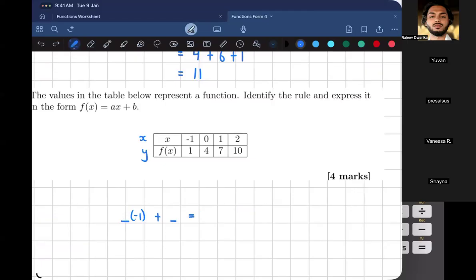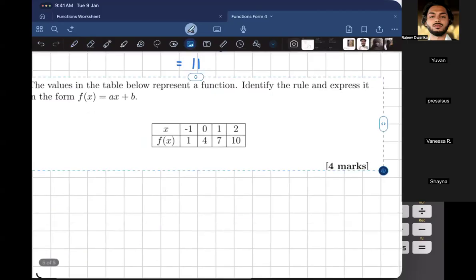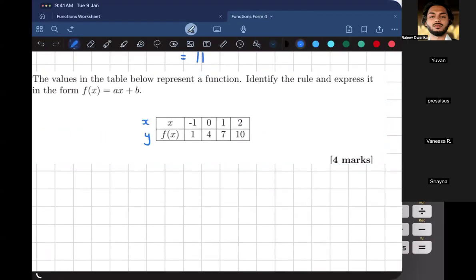So this one is a little confusing, Vanessa. Let me write it in a way that you're all familiar with. Remember at the start, when we were doing this subject, I showed you the range and the domain. So that's -1 there, 0, 1, 2, and the y values are 1, 4, 7, and 10.